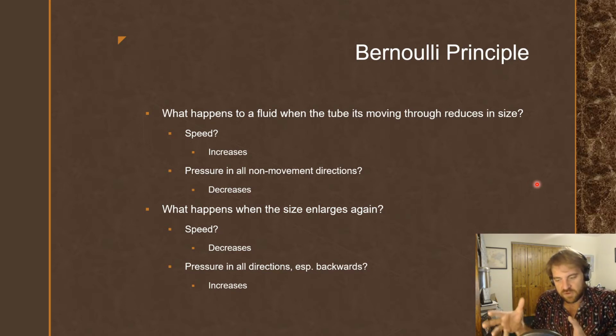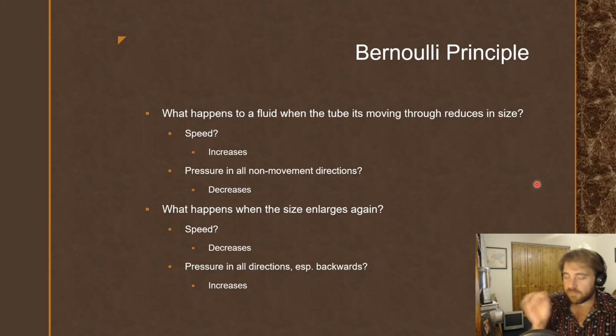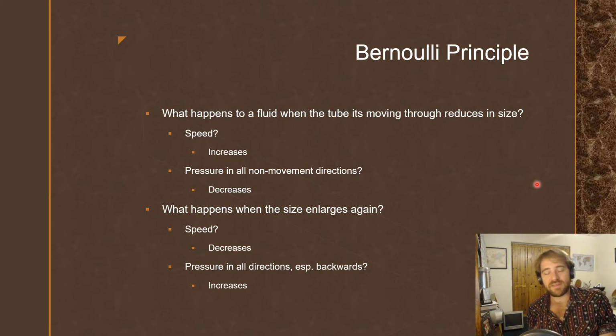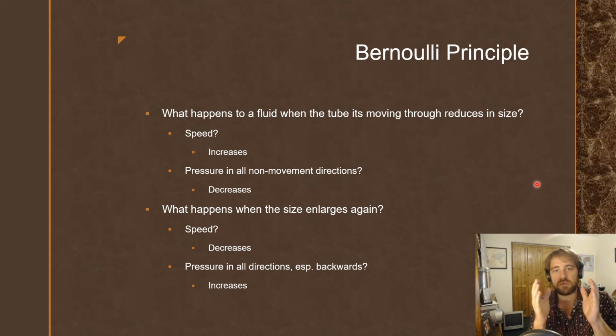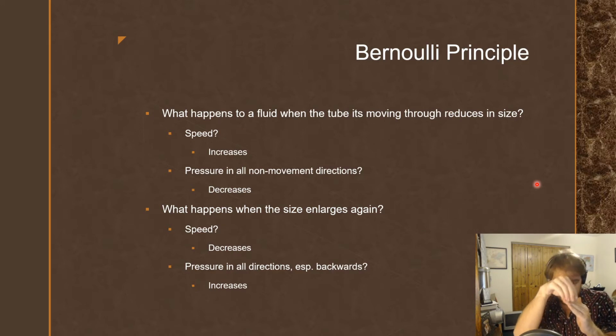So the pressure in all the other unintended directions increases to the same amount. I mean especially backwards because this explains one of the ways that the vocal folds are going to be pushed back closed by that other pressure from this fluid now. It comes through the constriction very quickly, then it gets here and it slows down and it pushes the vocal folds closed again.